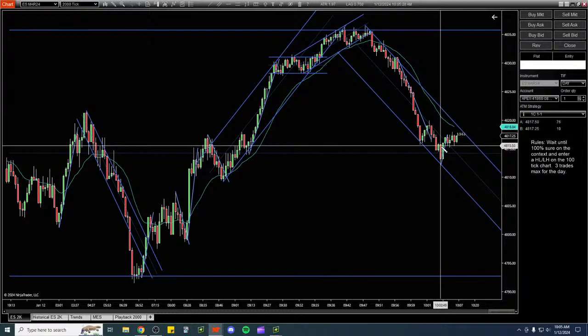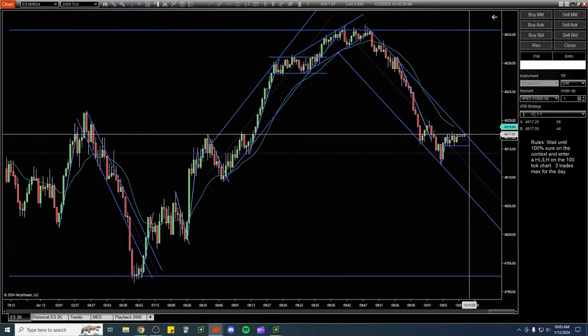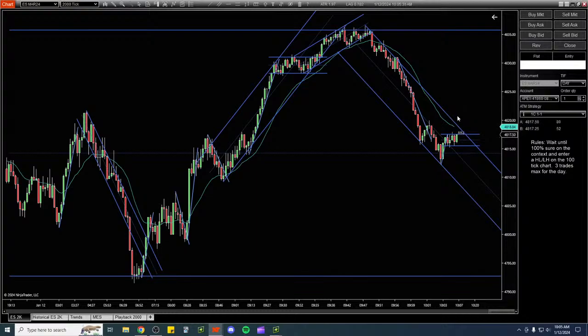Congested. Might get some sort of failed breakout and set up off of this trend line.